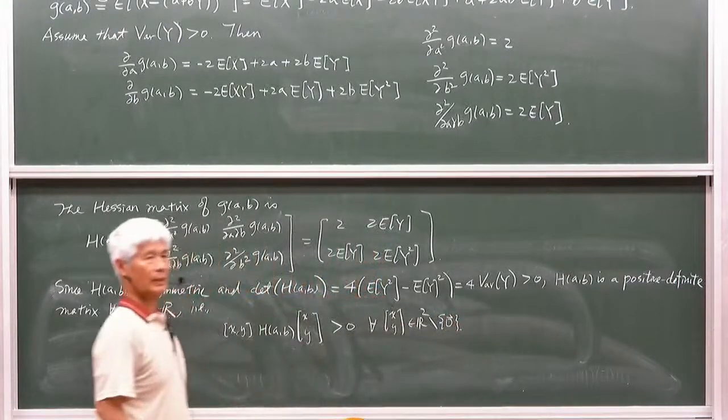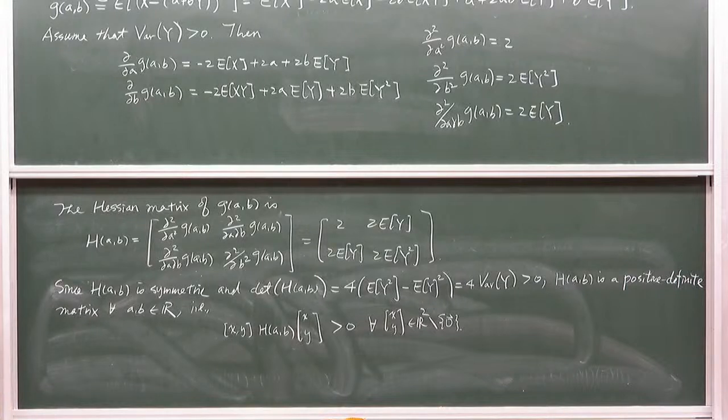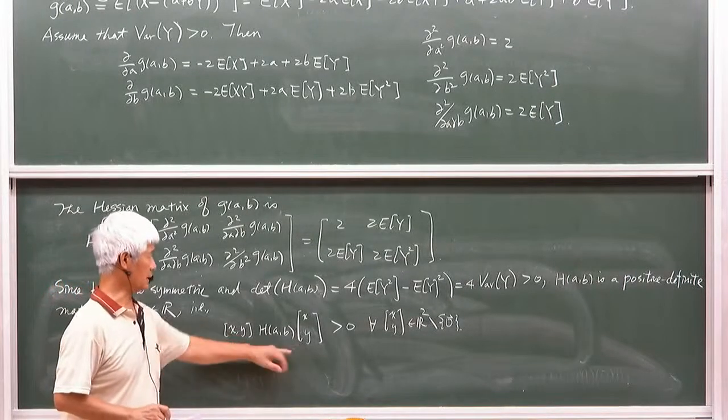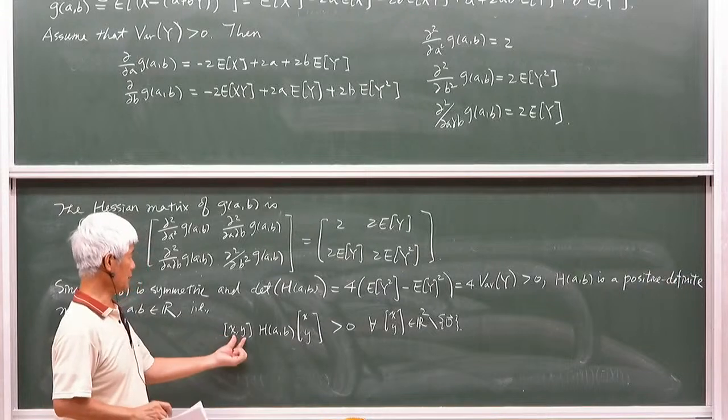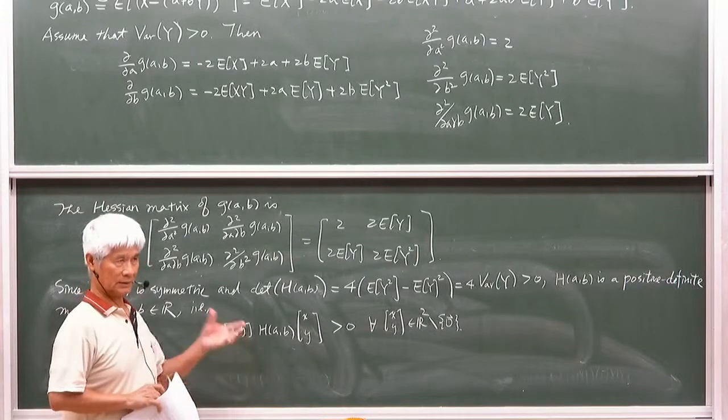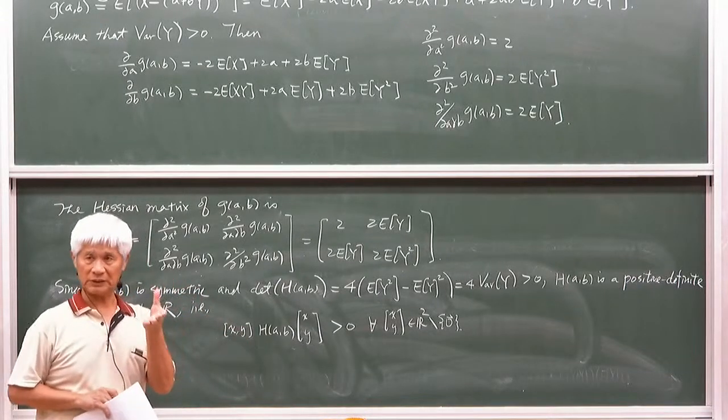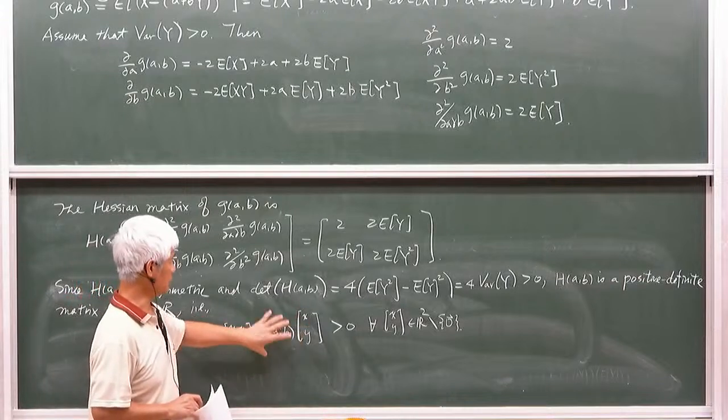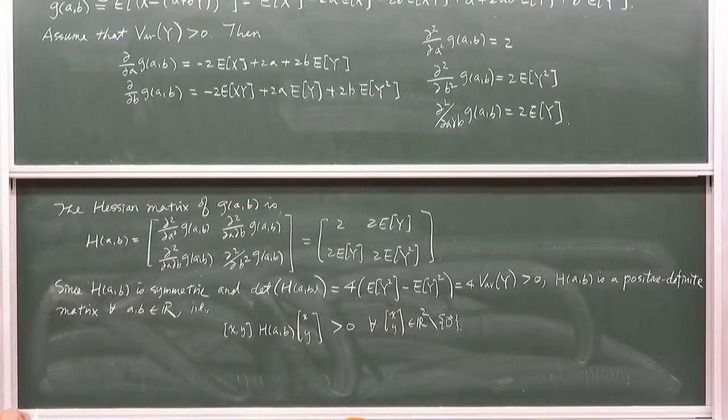This is called positive definite. So for any nonzero vector in the two-dimensional Euclidean space, the quadratic form is always positive.